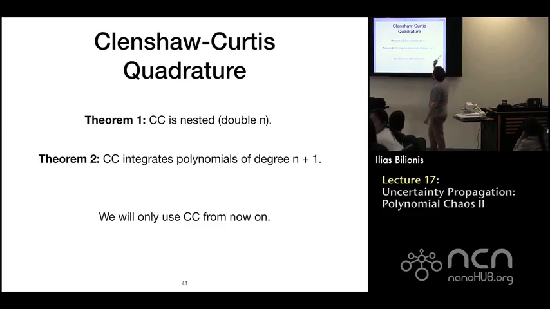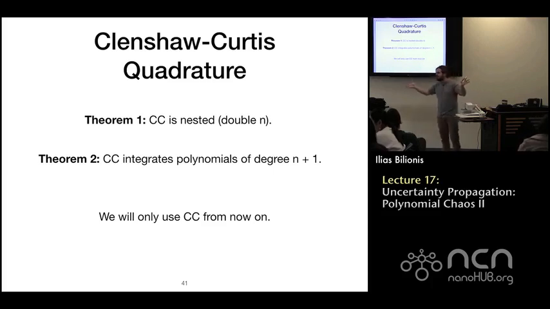Theorem number 2, the Clenshaw-Curtis rule integrates polynomials of degree n plus 1 exactly. Okay, so it's not better than the Gaussian quadrature, but it's a price you are probably willing to pay if your function is expensive and you want to reuse its values. And at the end of the day, these exactness guarantees only concern polynomials.